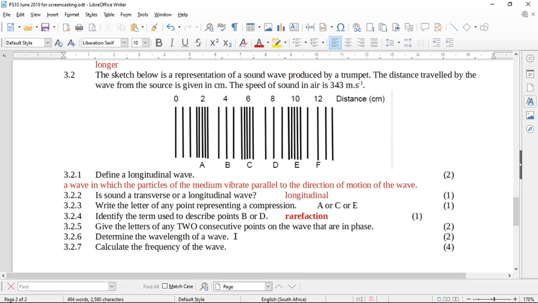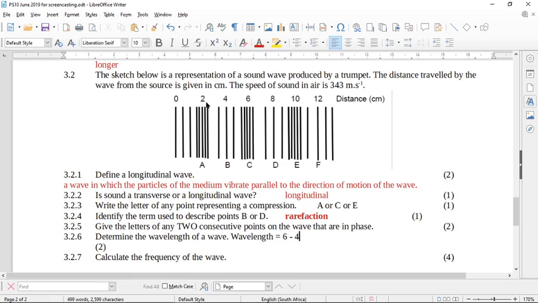Determine the wavelength of the wave. So to do this, we have to use the distance scale. Remember, a wavelength is any 2 points that are in phase. So if A and C are in phase, A is at 2 centimeters, C is at 6 centimeters. So the wavelength is going to be the distance between 2 points that are in phase.